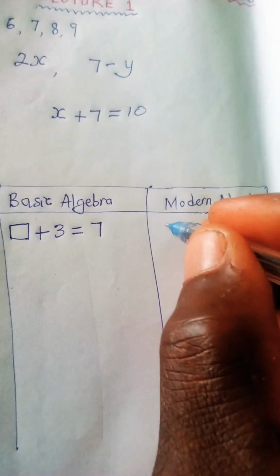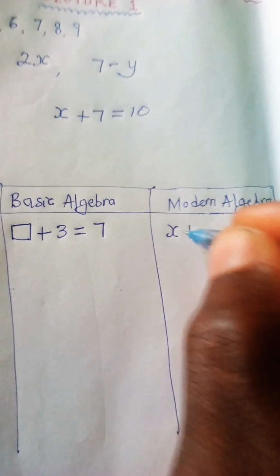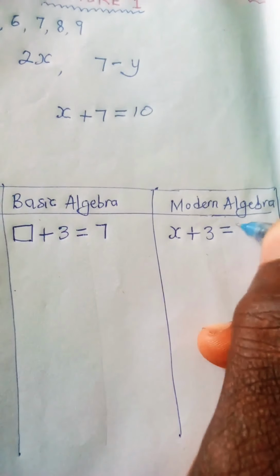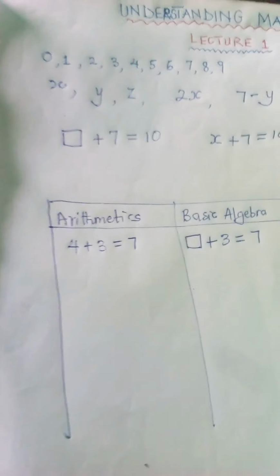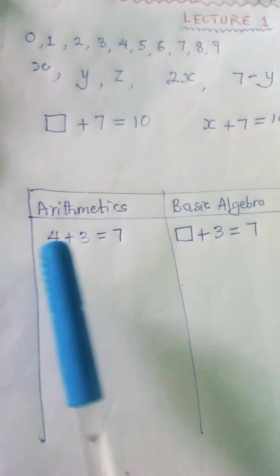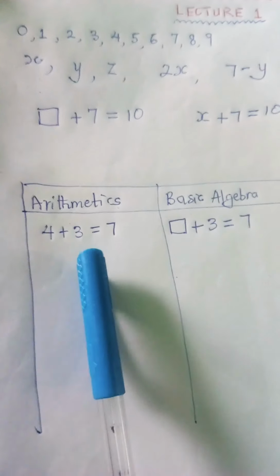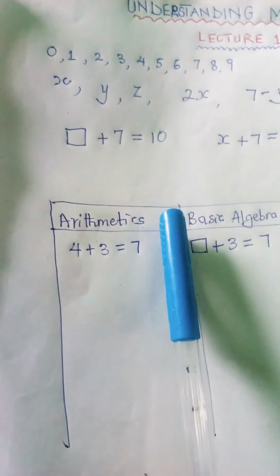Whenever we deal purely with numbers, we are doing what we call arithmetic, right? Now, you're dealing with a box and they ask you, what do you put in this box, so that when you add it to 3, you get a 7, right?